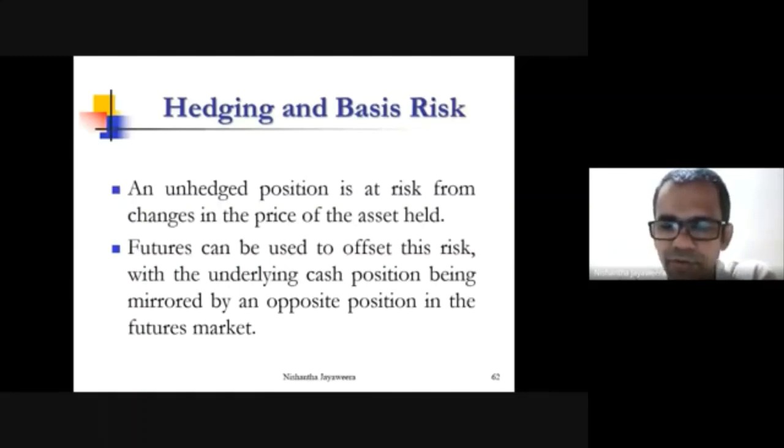So what do you do if you have a long position? You might remember we discussed in FX forwards as well. If you have an FX long position, how do you hedge it? Through a forward contract. What is the forward contract that you enter into?